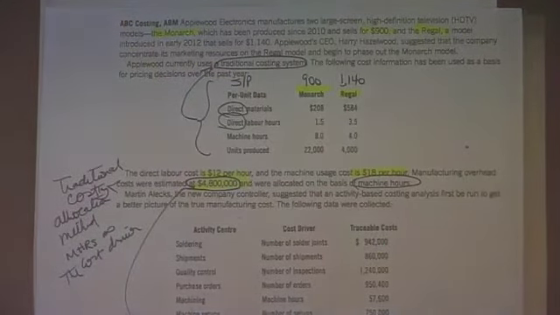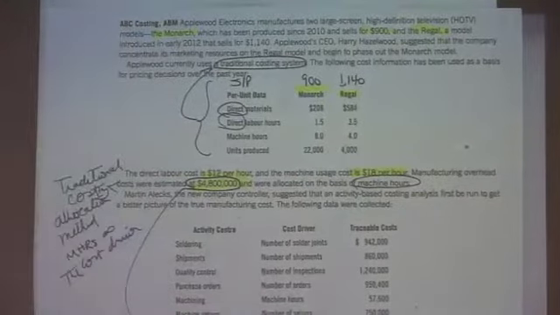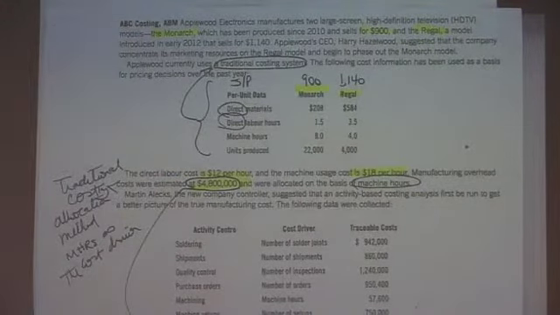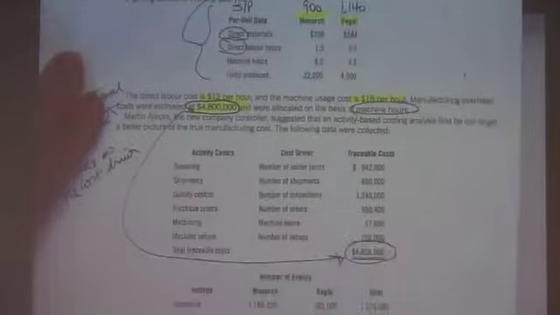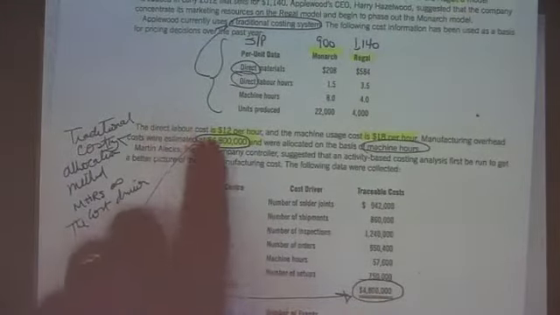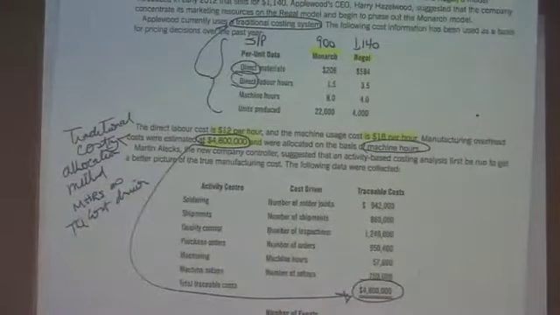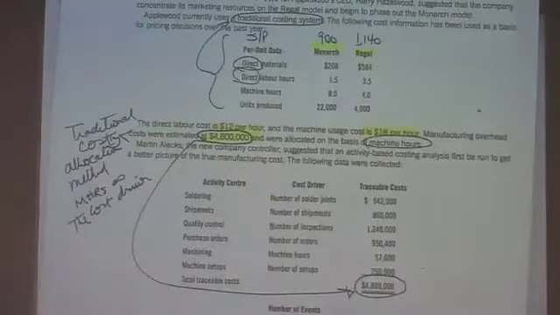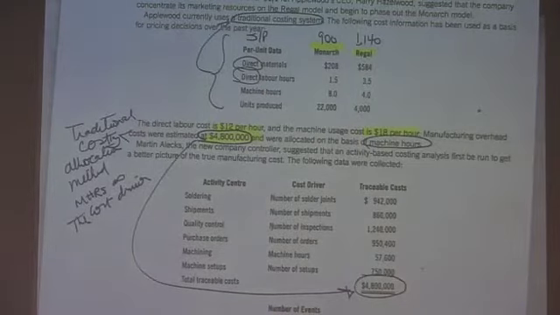Now, this is traditional. A guy named Martin, the new company's controller, suggested that we should use activity-based costing to get a better picture of the true manufacturing cost. What Martin was able to do is segregate the $4.8 million, which is the total estimated overhead, and determine how much of that overhead relates to different activities.